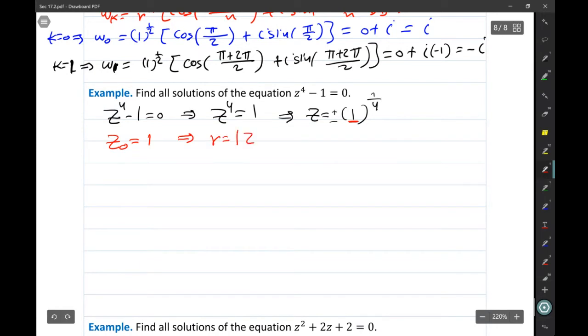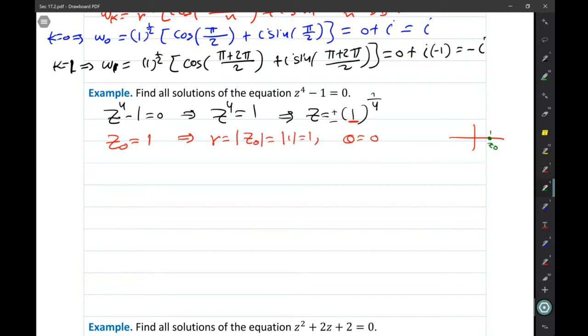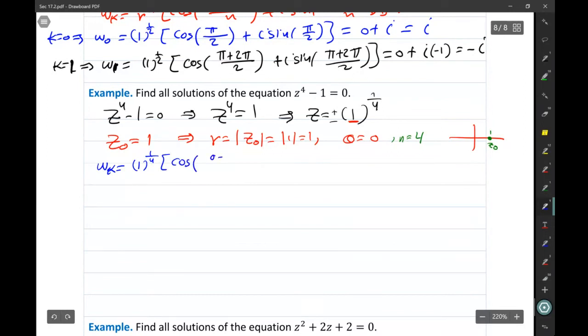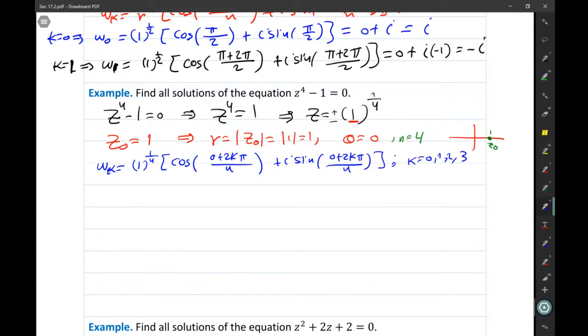Then the value of r is equal to the modulus of z naught, which is the modulus of 1, which is 1, with theta equal to 0 because this complex number is here, which is 1. Now n is equal to 4. Now you will see wk equals r to the power 1/n, so 1 to the power 1/4 times cosine((0 plus 2k pi)/4) plus i sine((0 plus 2k pi)/4), where the values of k are 0, 1, 2, and 3.